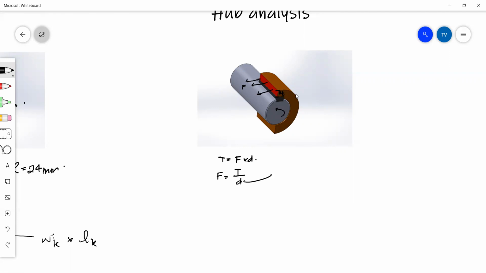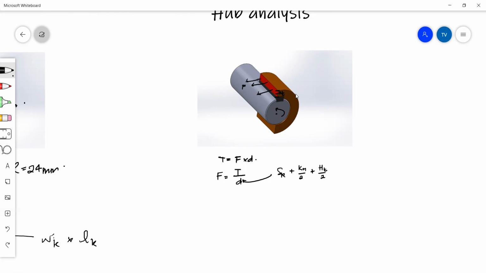This distance is taken from the center of the shaft to the center of that area. So it will be your shaft radius plus half of your key, because half of your key is protruding above the shaft. So key height divided by 2, plus your hub thickness divided by 2.